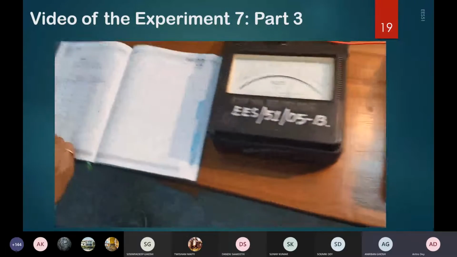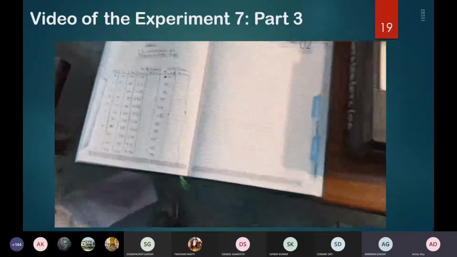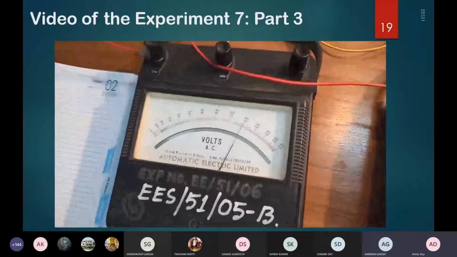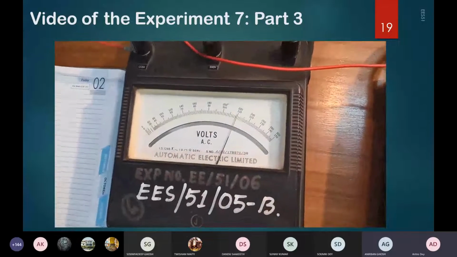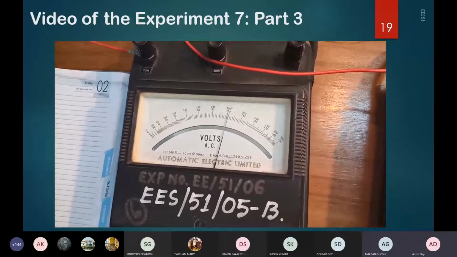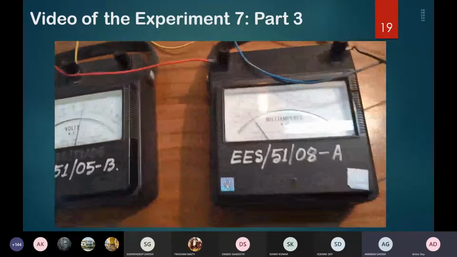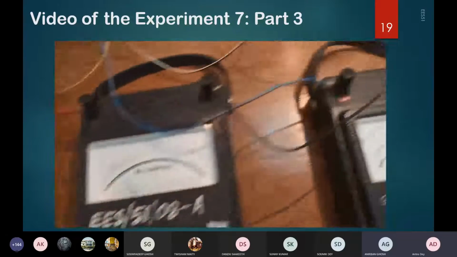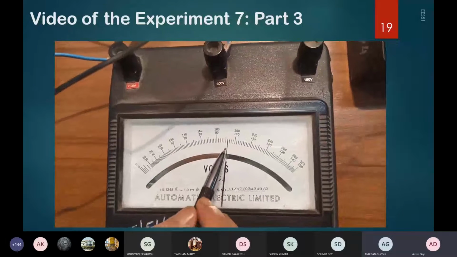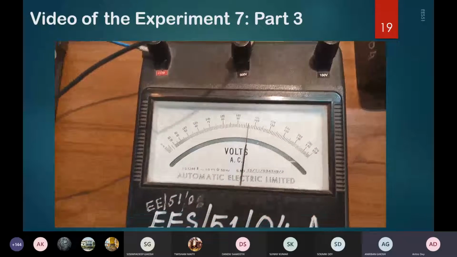Once we are through with the increasing order, let us now reduce it. From 220 we will now go to 200, noting the voltmeter V1. So we have reached 200, and the voltage drop across the resistor is around 194, so we are not noting it.